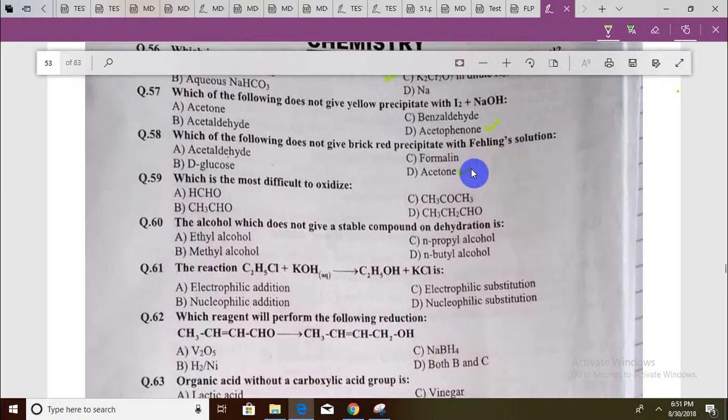And yes, formaldehyde is made in the laboratory by passing a mixture of methyl alcohol and air over copper or silver catalyst. Another catalyst which can be used is platinized asbestos, and the temperature is about 300, and because of that we get formaldehyde and water.